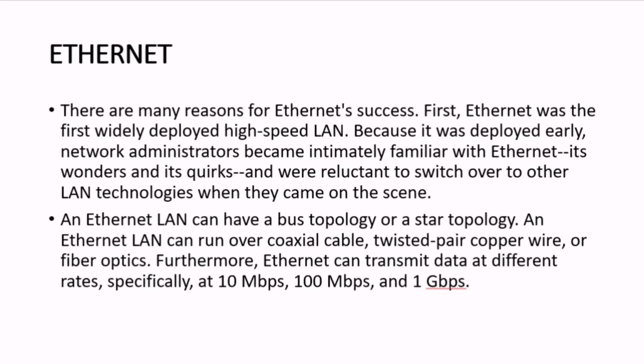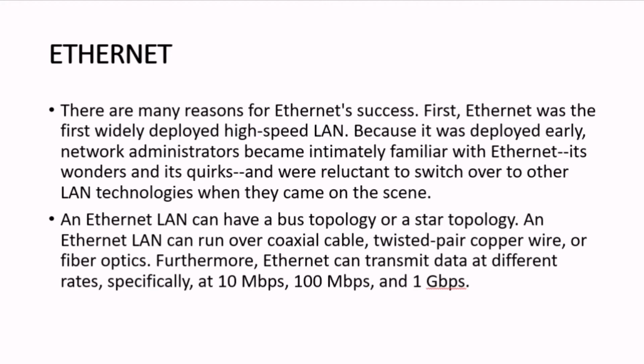So let's look into the Ethernet. There are many reasons for Ethernet's success. First, Ethernet was the first widely deployed high-speed LAN. Because it was deployed early, network administrators became intimately familiar with Ethernet, its wonders and its quirks, and were reluctant to switch over to other LAN technology when they came on the scene. An Ethernet LAN can have a bus topology or star topology.